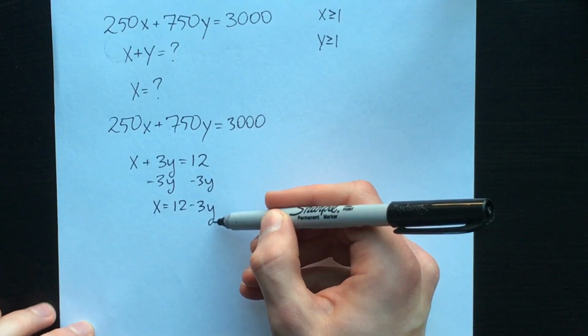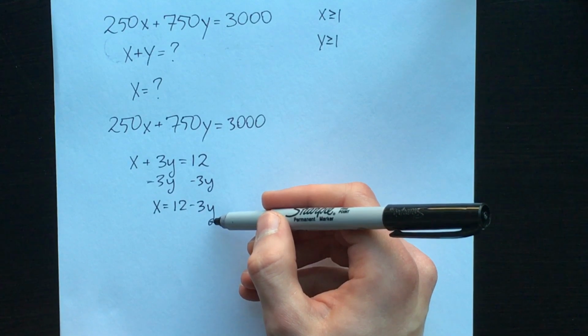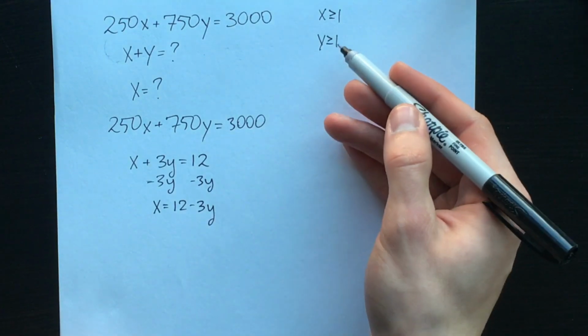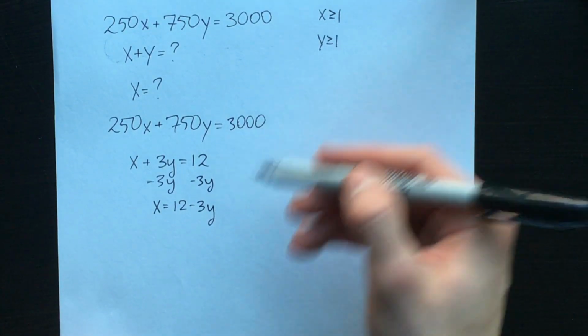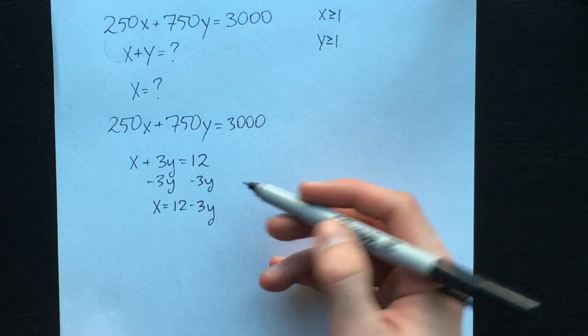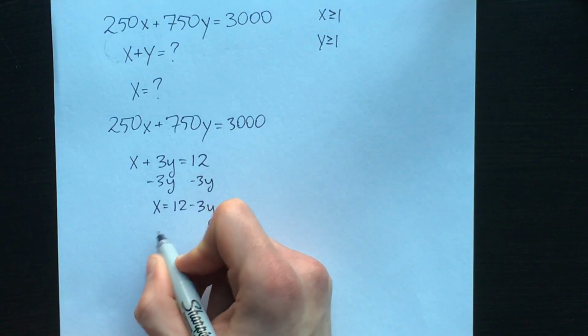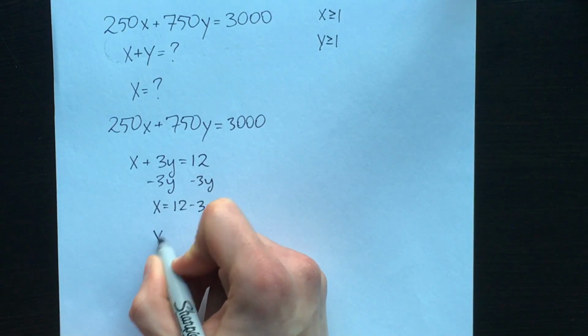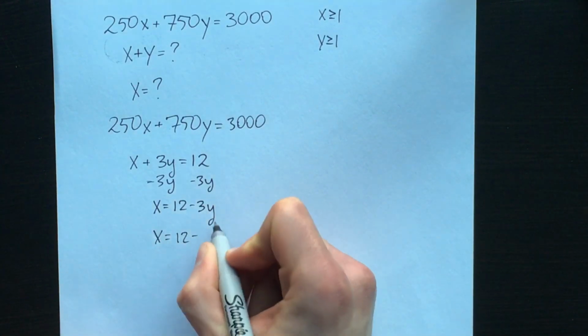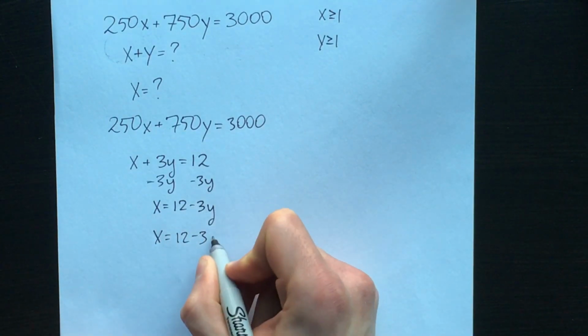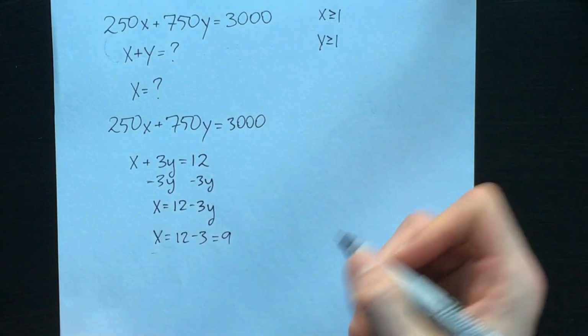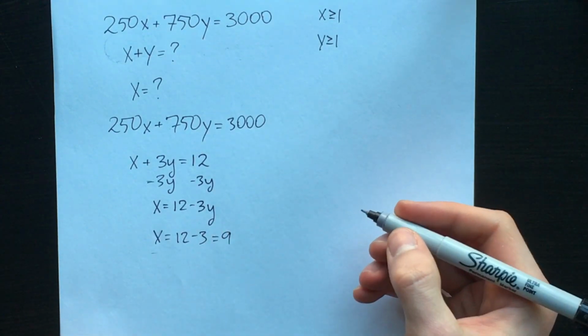There are a few ways you can figure it out, but you know that y can't be less than 1, right? So just plug in 1 for y. So x is equal to 12 minus 3, which is 9. That's one possible number of $250 bonuses.